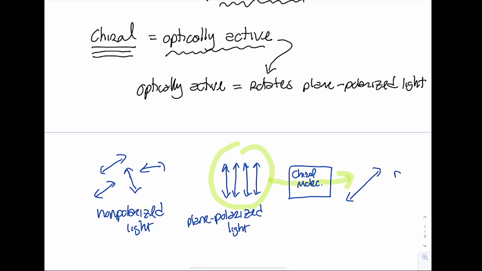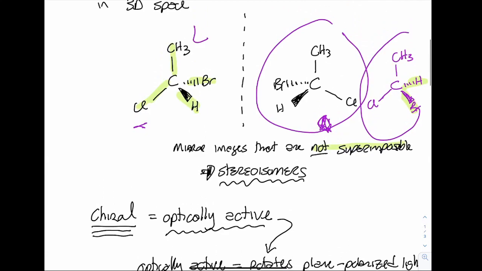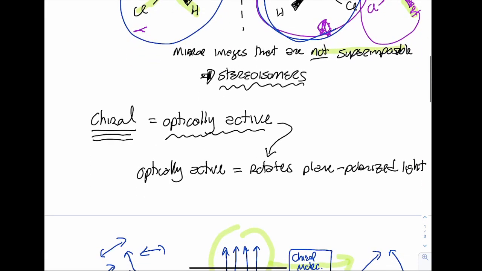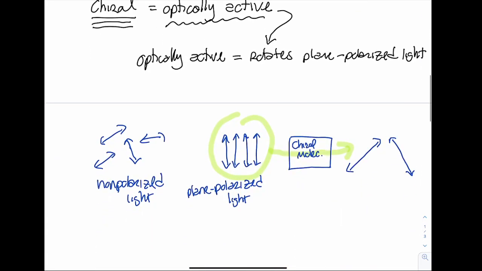And it can actually be rotated in two different directions. And what happens is each one of those molecules, right? I have one and I have its mirror image, right? The two different stereoisomers are going to rotate it in different directions. And I don't know which is which, but this molecule here will rotate it in a different direction than this molecule here. So my mirror images that are not superimposable will rotate light, and then each one will rotate it in a different direction.